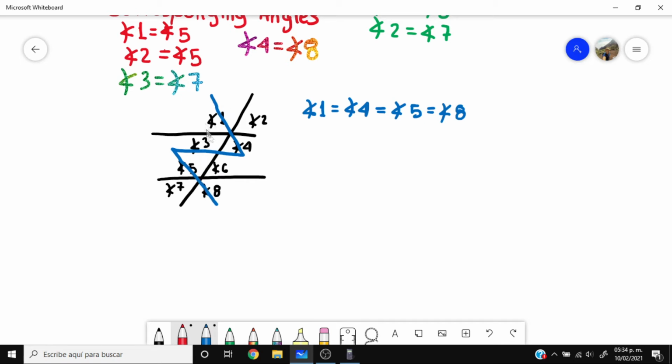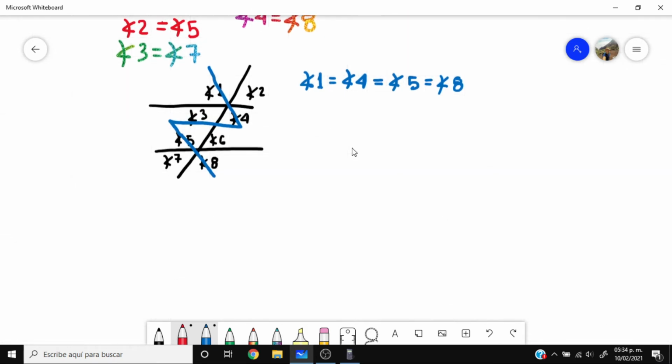Also, we can say that angle 1 equals angle 8 because they are alternate exterior angles, and angle 4 equals angle 5 because they are corresponding angles, the same as 1 and 5, okay? And also we have the other side. So I'm going to draw another line just like this one, and this one, and this one.